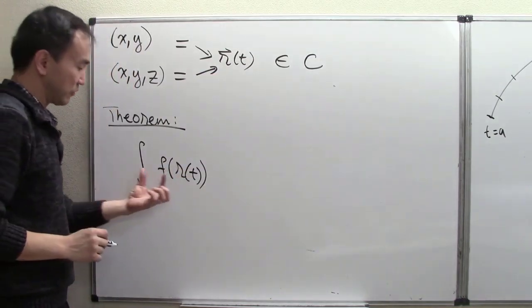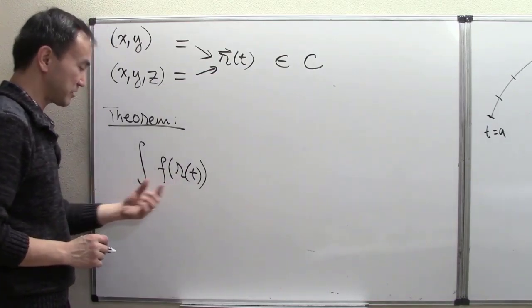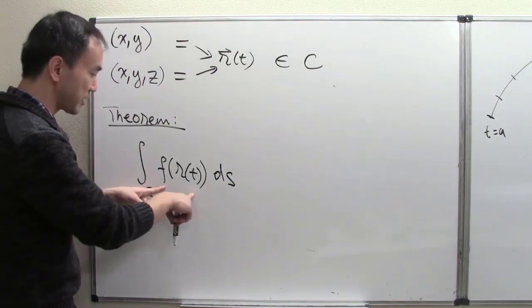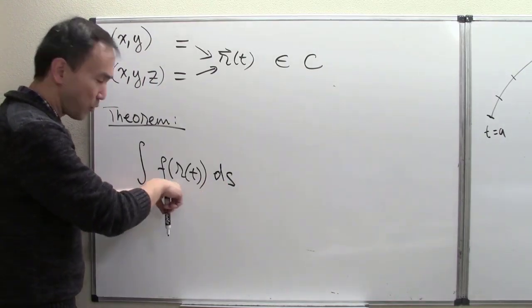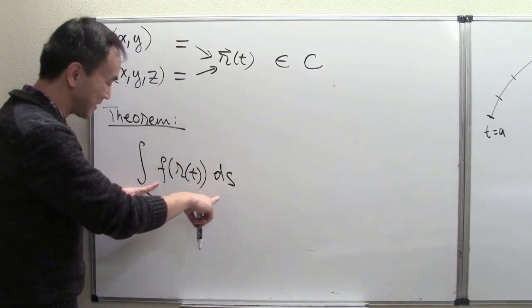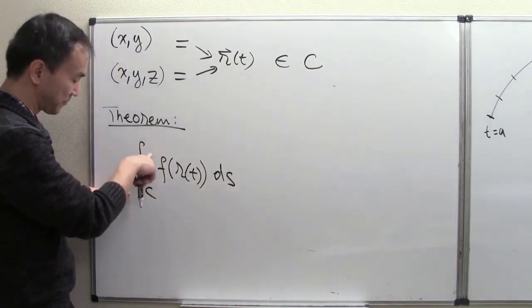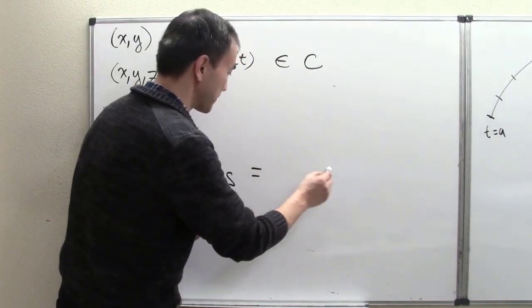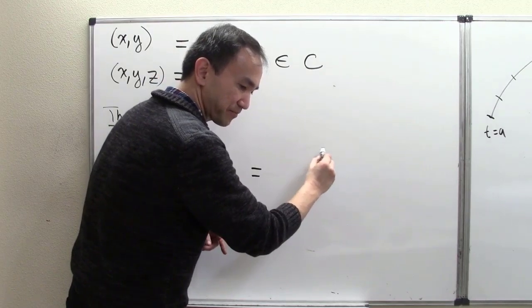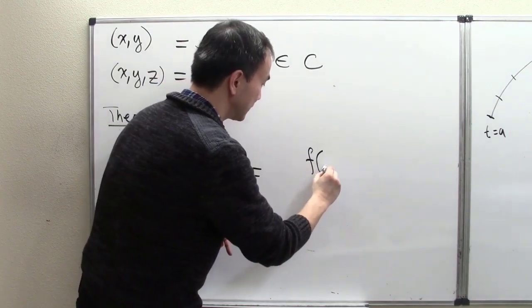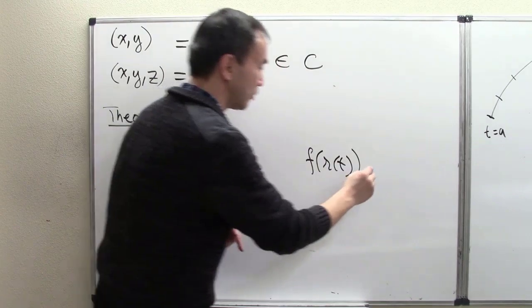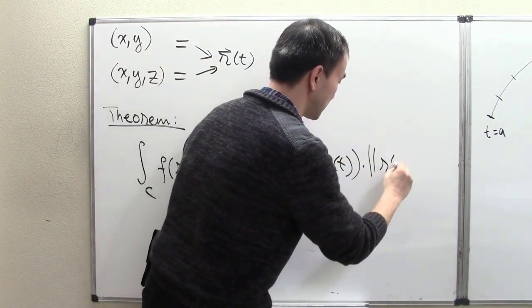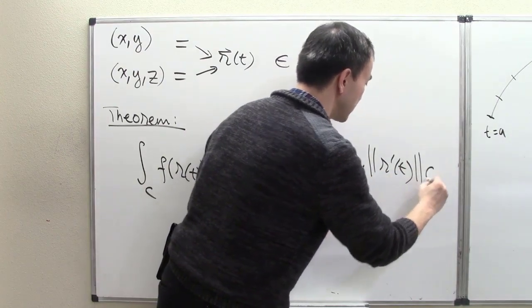The line integral accumulates all of those function values at the points multiplied by ds, as you have seen earlier, along the curve C. It is proven to be simply the integral of f of r of t multiplied by the magnitude of r prime of t, dt, instead of ds.